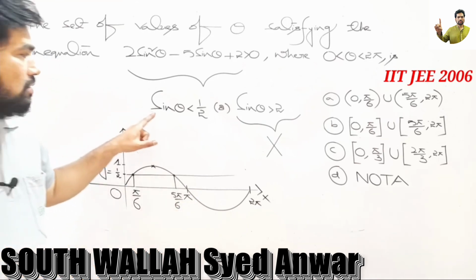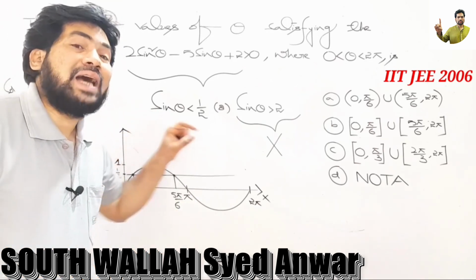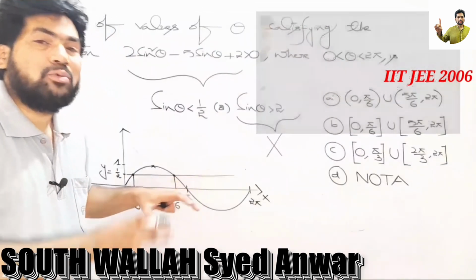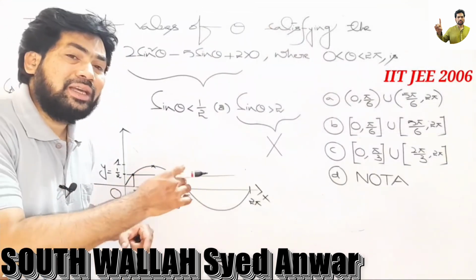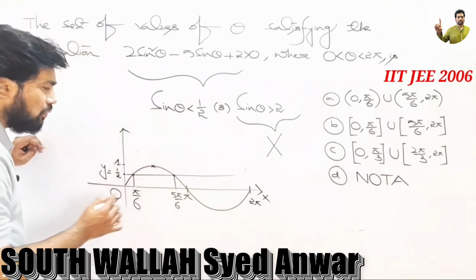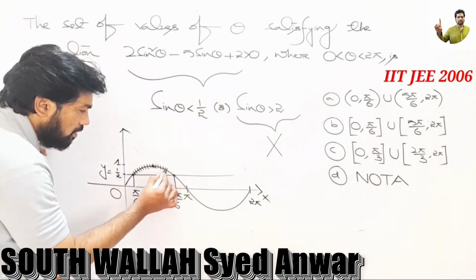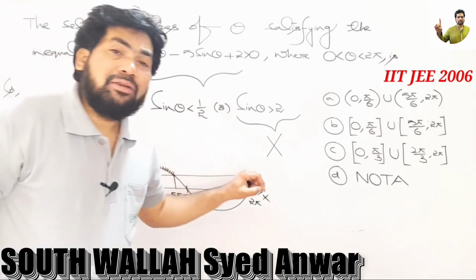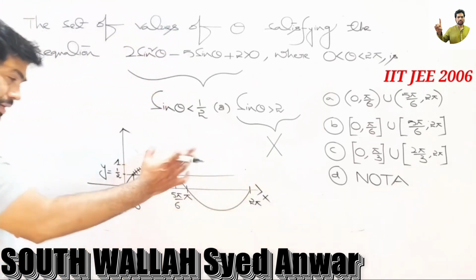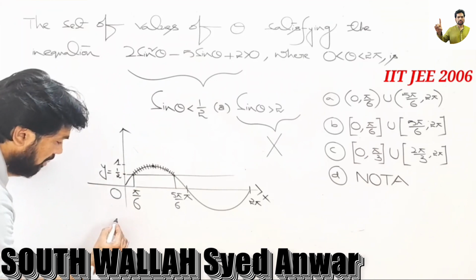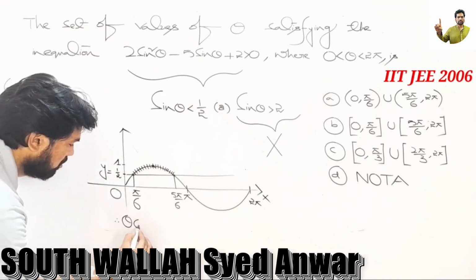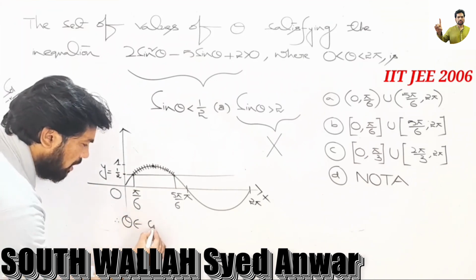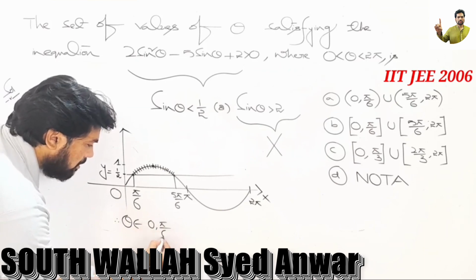Now, we are solving for sine theta less than 1 by 2. So I am going to consider the graph which is lying below the line y is equal to 1 by 2. The part which is lying above the line y is equal to 1 by 2 I have eliminated. So therefore, here theta belongs to open interval 0 comma pi by 6.